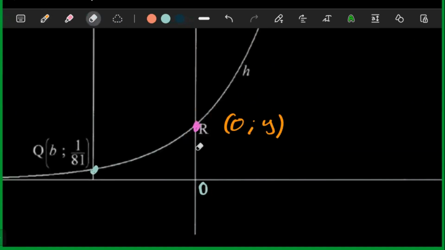But r is a coordinate on the graph, so we can use the equation of the graph. Using the equation of a graph to work things out is something that most people actually forget to do. But the more papers and memos you go through, you'll see that getting coordinates is usually one of your easier questions.